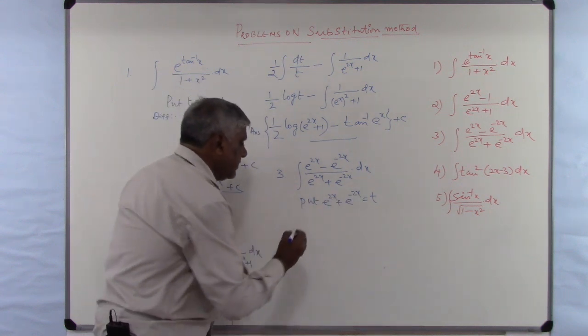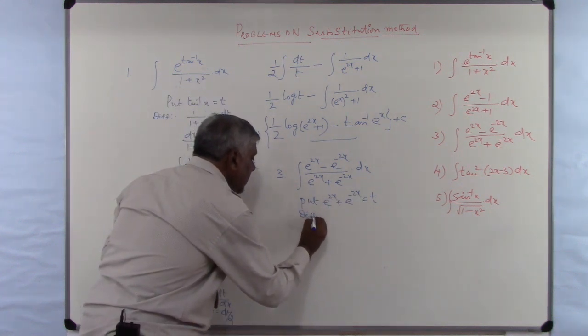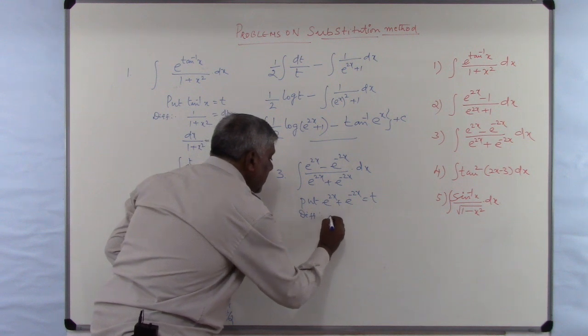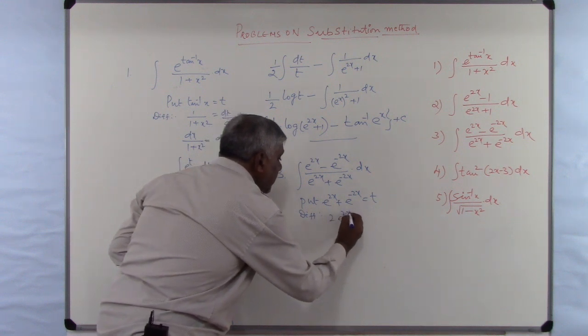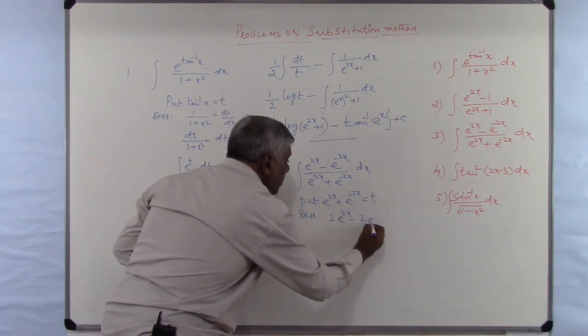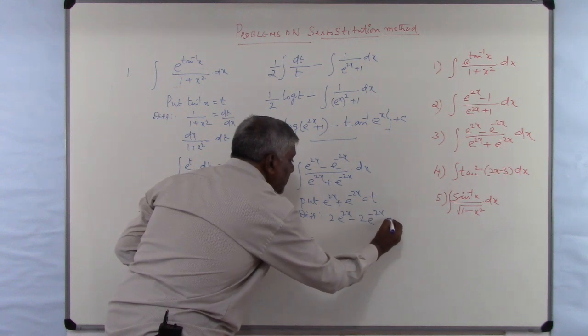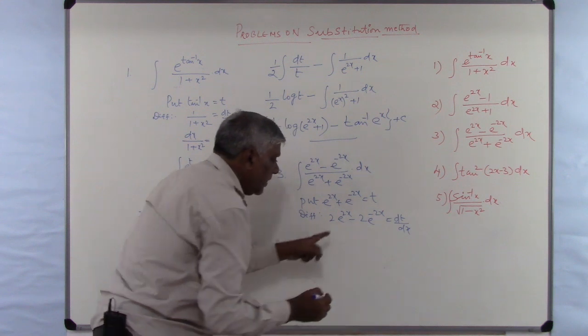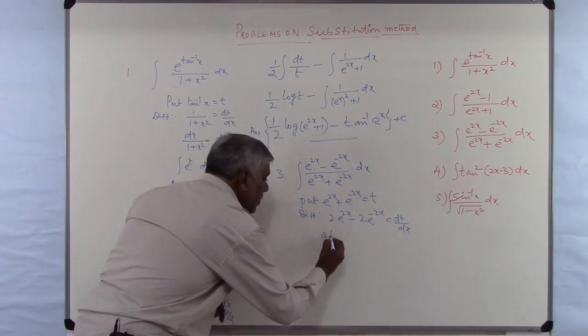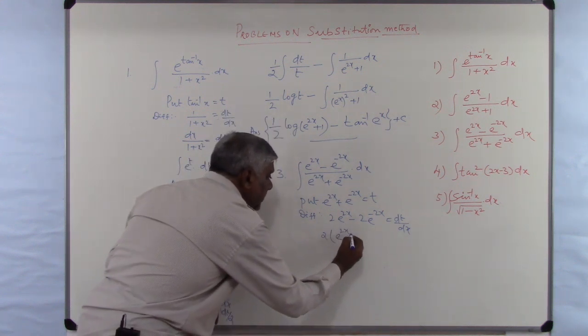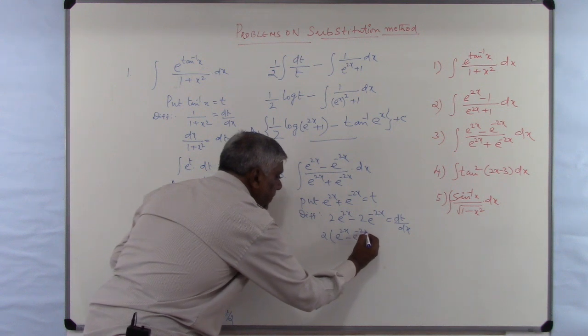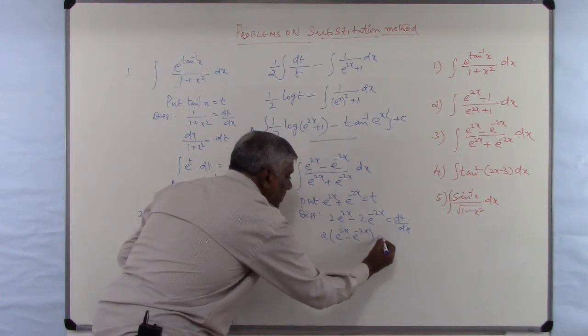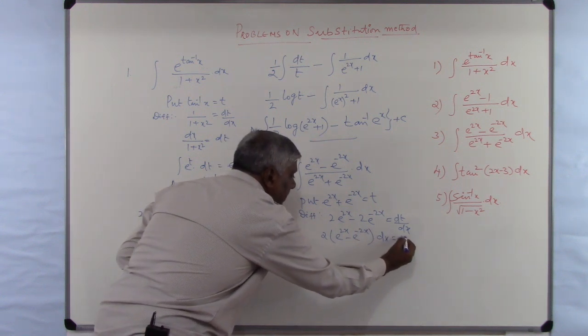Now differentiate individually: 2e to the power of 2x minus 2e to the power of minus 2x is equal to dt by dx. Now I will take 2 common, so 2 times e to the power of 2x minus e to the power of minus 2x into dx is equal to dt.